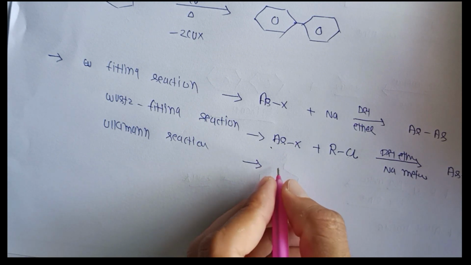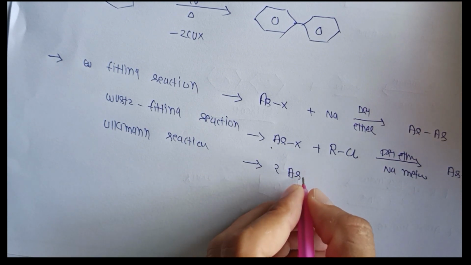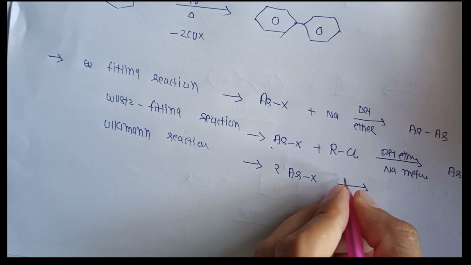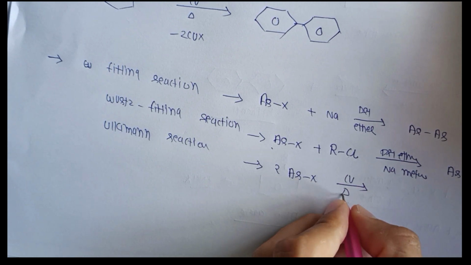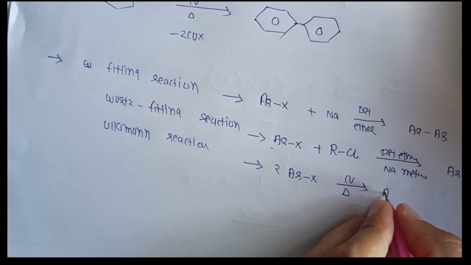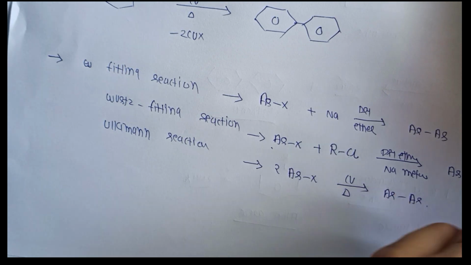And in the Ullmann reaction, 2 aryl halides react with Cu at high temperature to produce a biphenyl ring.